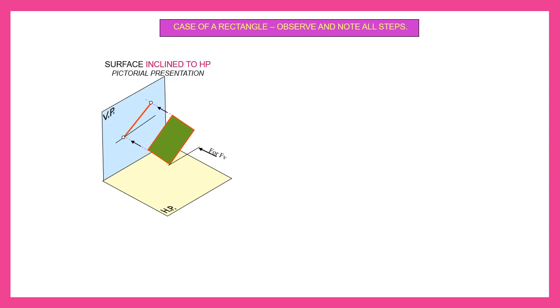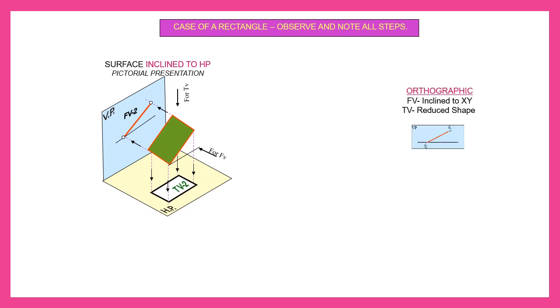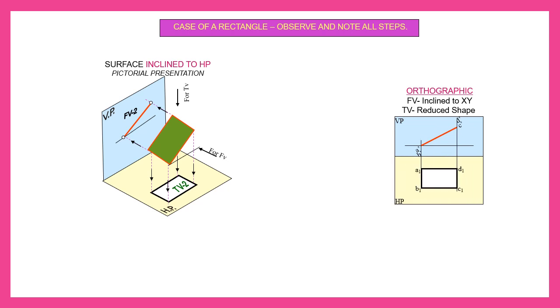In the top view you will not see the complete rectangle, you will get a shrunk, somewhat smaller rectangle than the original one. This is the top view. So this is the front view and top view.